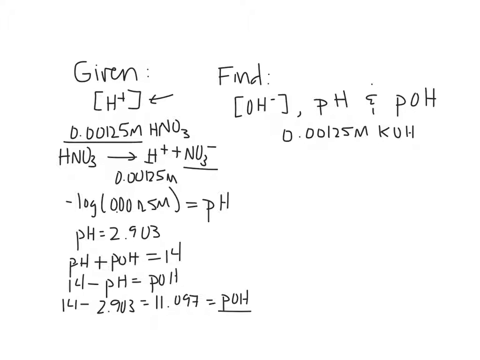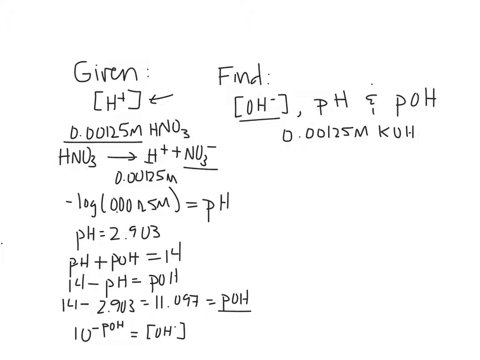And the nice thing is from pOH, I can find the remaining thing, the hydroxide concentration. So remember, since we took the logarithm of our concentration to find the pH, we do the inverse function, which is 10 to the negative pOH, which will give me the hydroxide concentration.